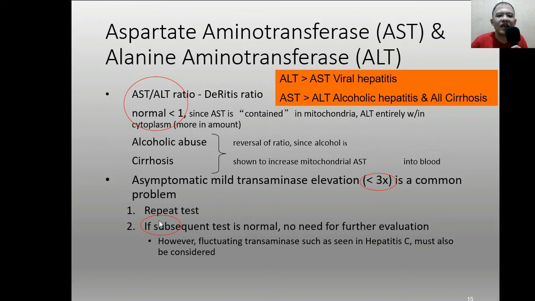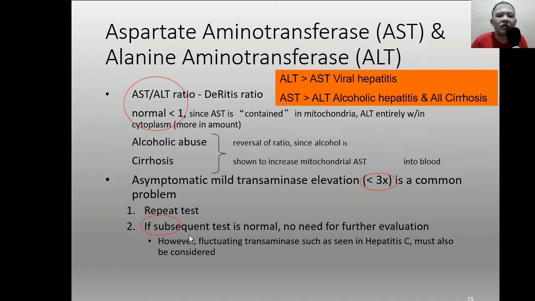If the subsequent test is normal, then you may just dismiss it as probably an error, or probably just a mild fatty liver.